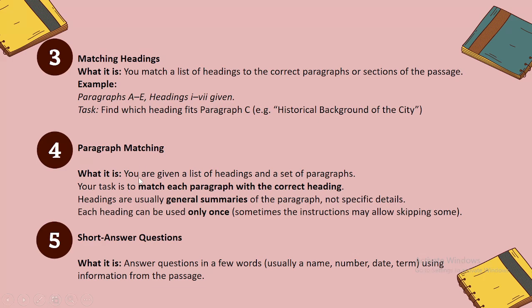Okay, the next type of question is none other than short answer questions. It is a very common type of question for everybody because we have been familiar with this kind of question since our childhood, right? Here the exam normally asks you things like what, where, when.